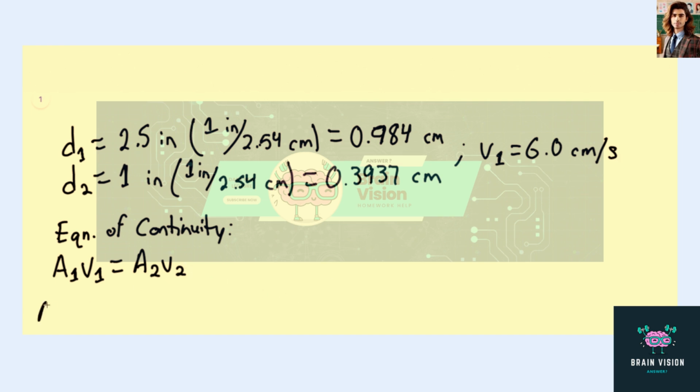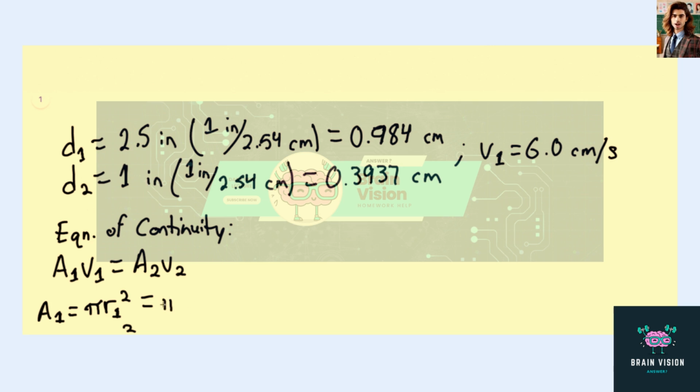So essentially we're trying to find the cross-sectional area. Here, the cross-sectional area of a pipe is simply going to be the area of a circle, pi r squared, and A sub 2 would also be pi r squared. So here we're going to use these values and divide by 2 because this is of course the diameter.